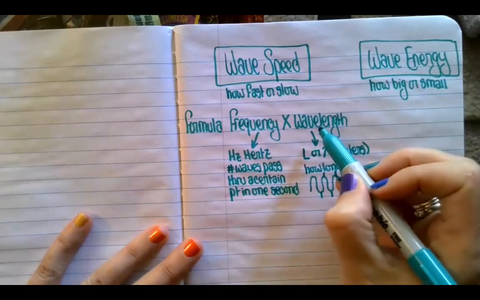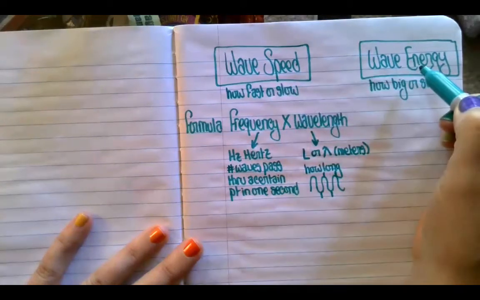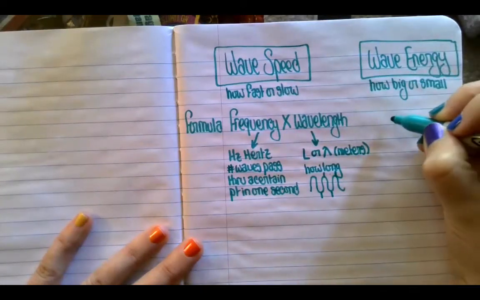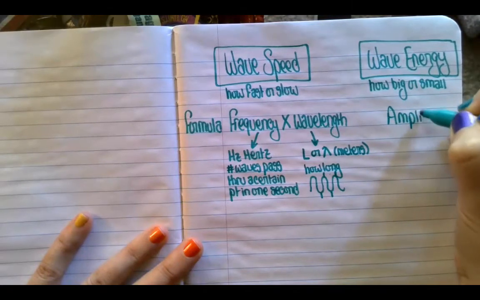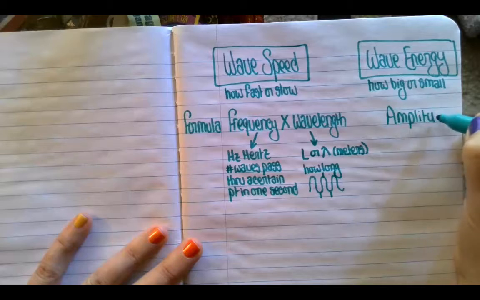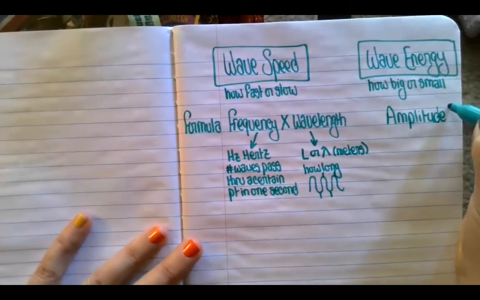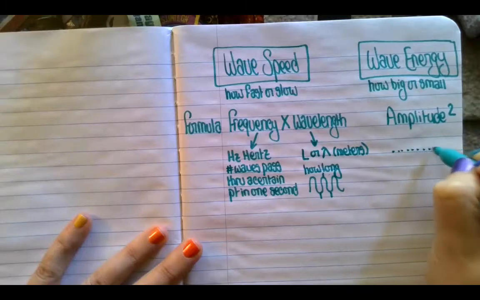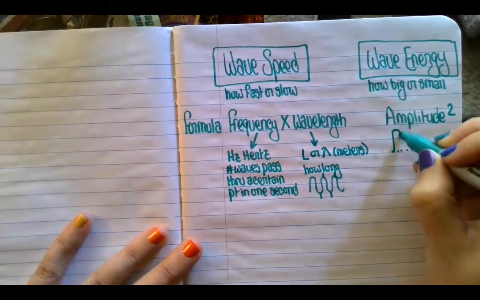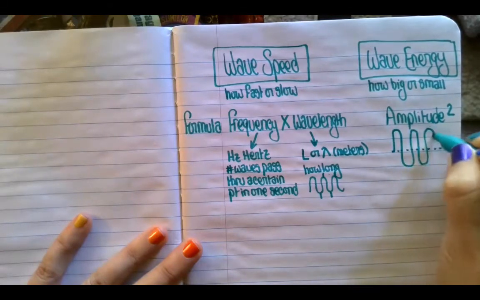So frequency and wavelength have nothing to do with wave energy. Wave energy is a function of the wave's amplitude. The formula for wave energy is amplitude squared. Amplitude is how big or small it is.